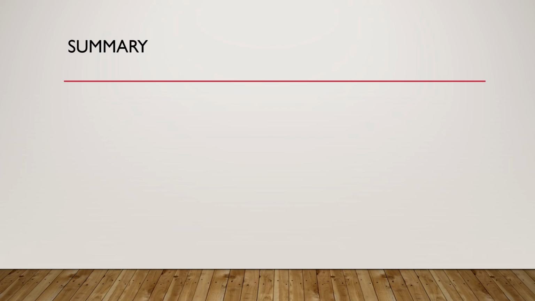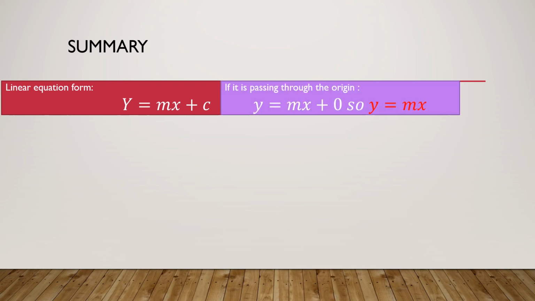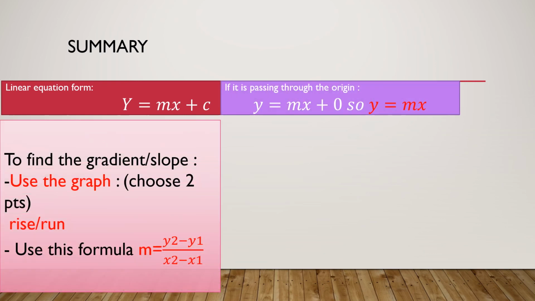The summary of our lesson. We said that the linear equation form is y equals mx plus c. If the line is passing through the origin, then c is 0, y equals mx. We said also to find the gradient, you have to choose 2 points if you are using the graph, rise over run, and you can use the formula m equals y2 minus y1 over x2 minus x1.